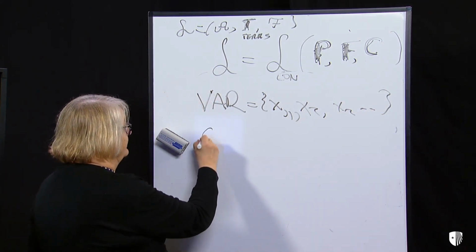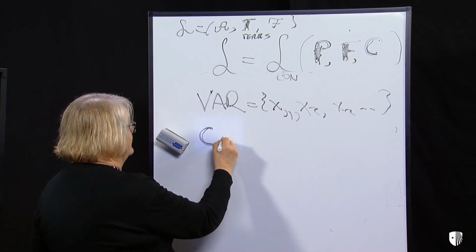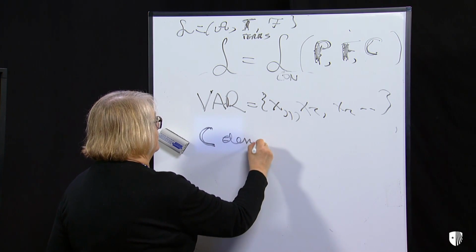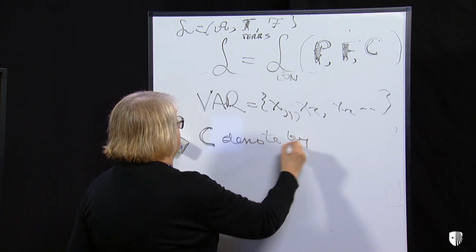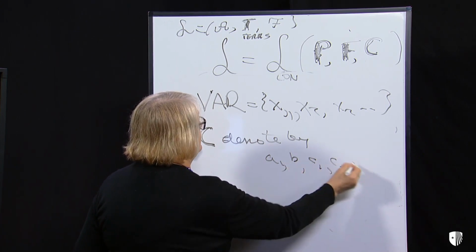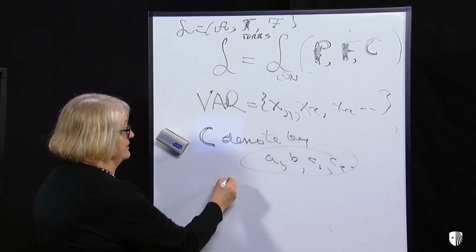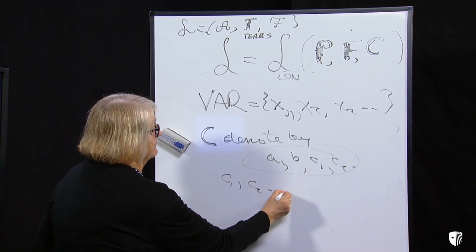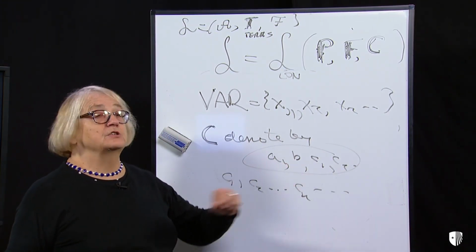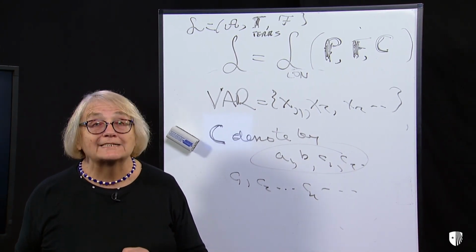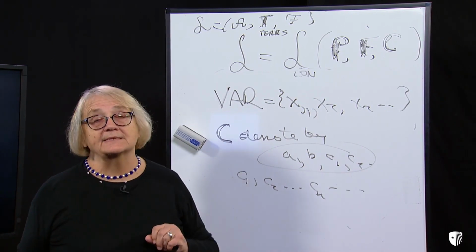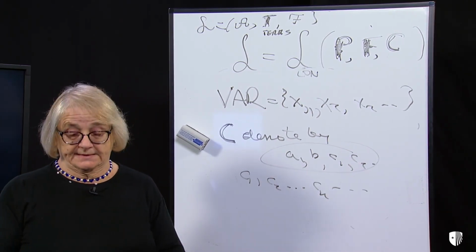And constants we denote by a, b, c1, c2. Those small letters, if you have infinitely many of them, denote constants in our universe. So variables are x's and constants are a, b, c's.